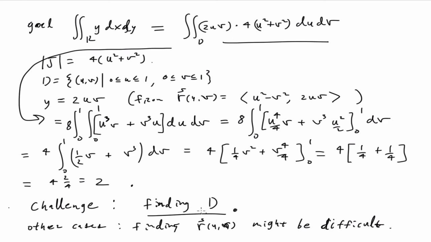And also, computing the Jacobian, finding D. So there are other cases where the challenges can show up in different places. It may be sometimes that the actual finding of D is fairly straightforward. It's just finding out how to do the substitution that's hard. And in other cases, even integration itself can also be hard.